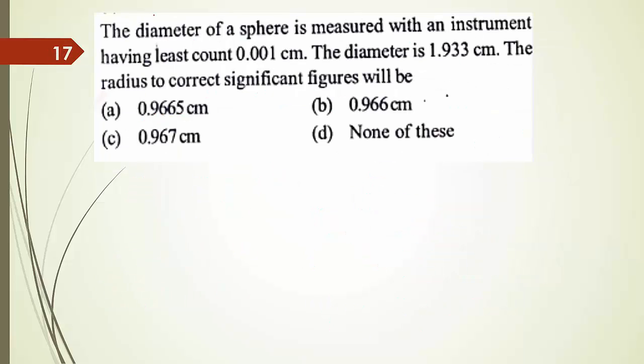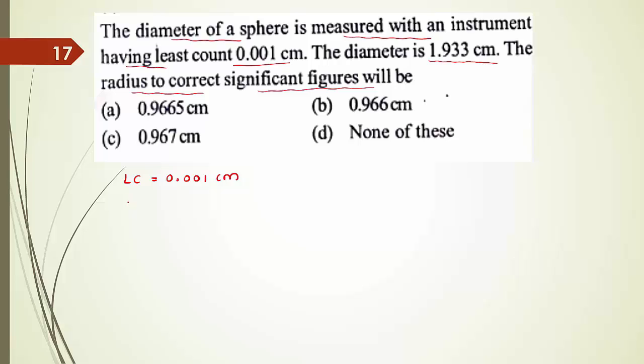17th question. The diameter of a sphere is measured with an instrument having least count 0.001 centimeter. The diameter is 1.933 centimeter. The radius to correct significant figures will be? Yes, least count is given, we can take LC equal to 0.001 centimeter.